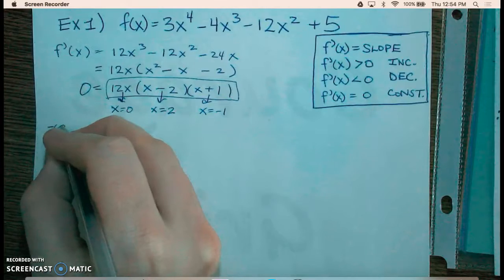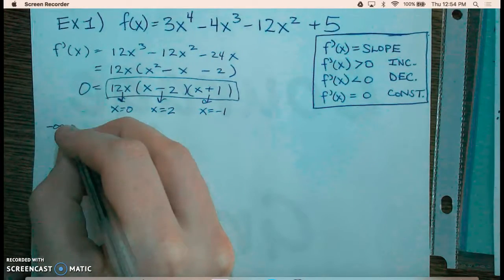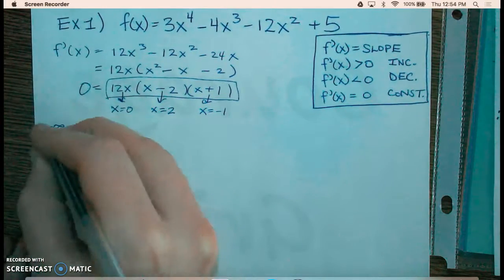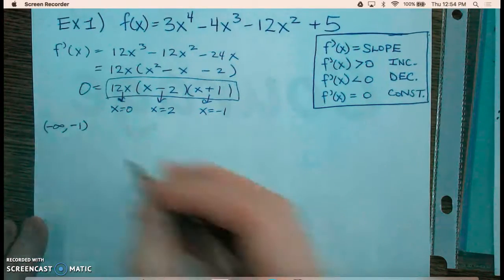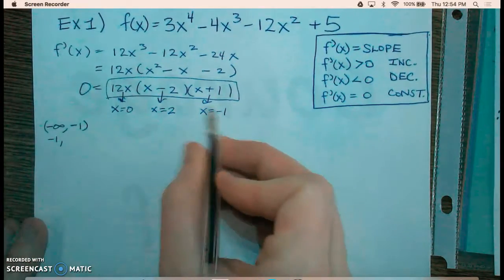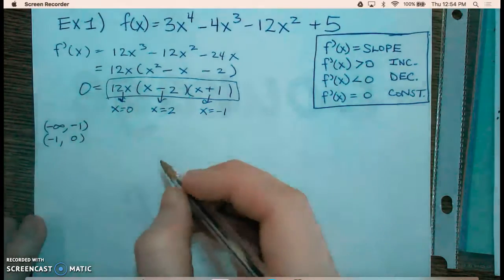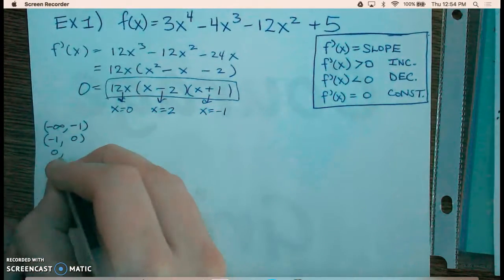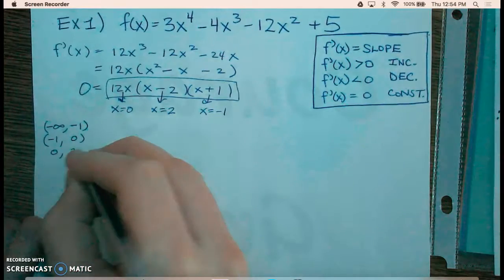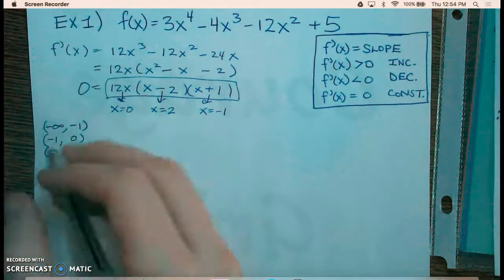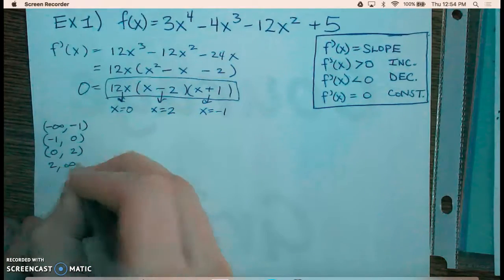So the first interval of the function would be -infinity to -1. And then -1 to 0 is the next biggest number. And then we've got 0 to 2 would be the next largest number. And then we've got 2 to infinity.